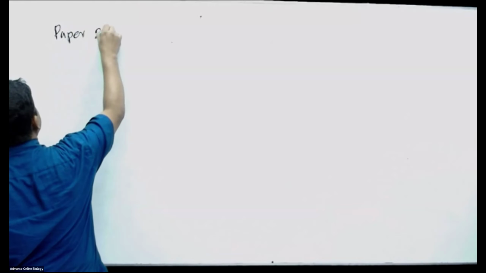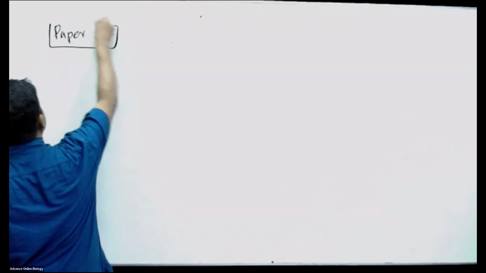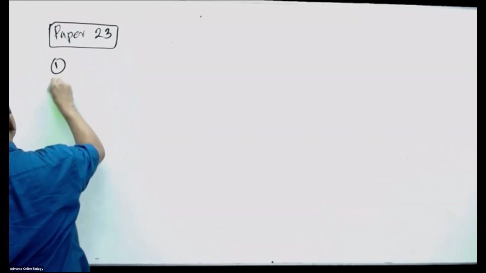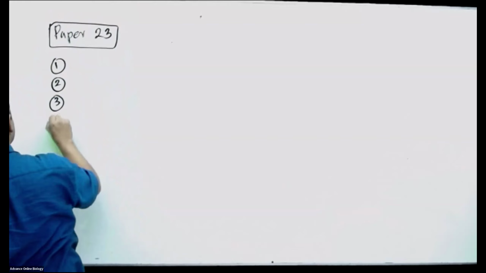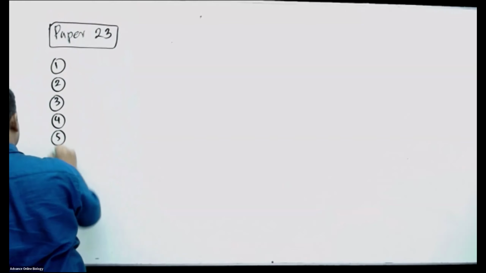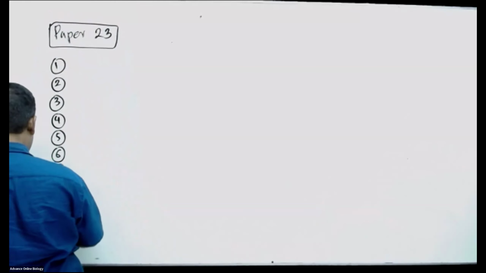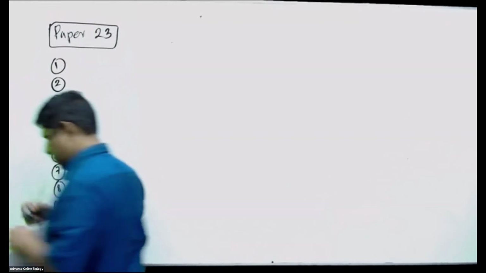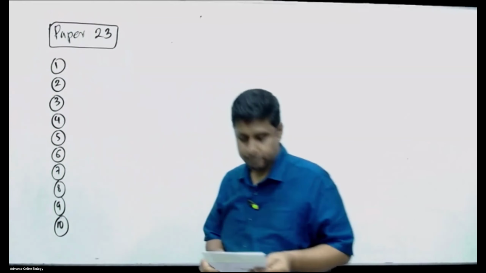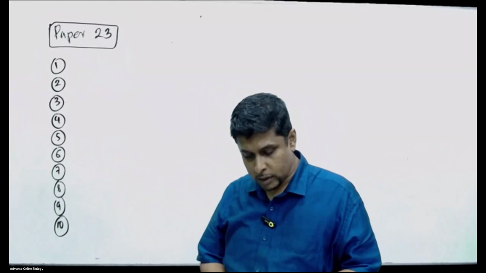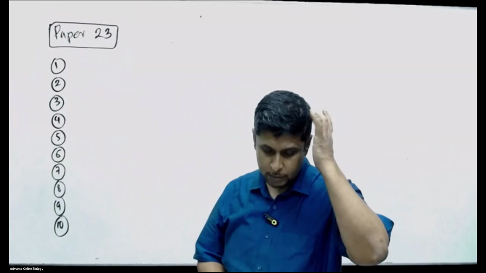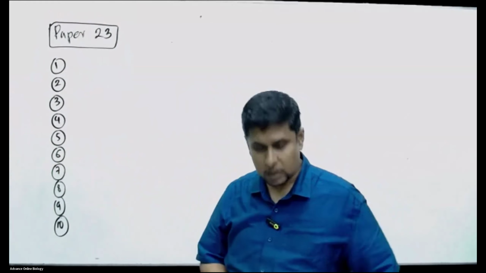First question, BioEve paper 23. The first form of organisms on Earth was formed about 3.8 billion years ago.